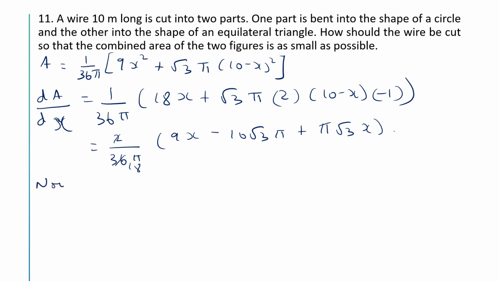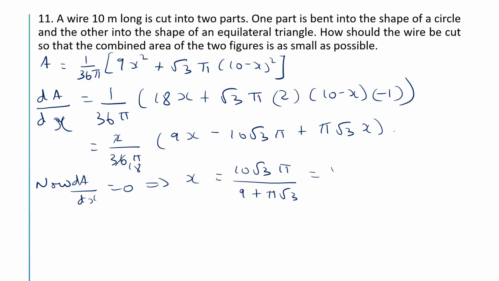Now dA by dx equal to 0 implies x is equal to 10 root 3 pi divided by 9 plus pi root 3, or it is equal to root 3 into 10 pi divided by root 3 into, here it is 3 root 3 plus pi.